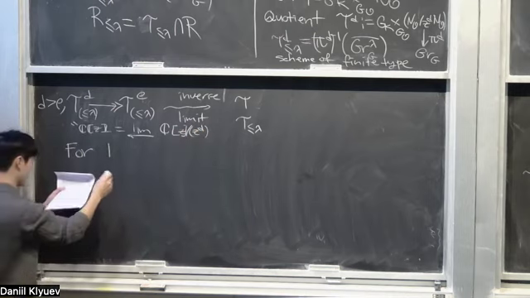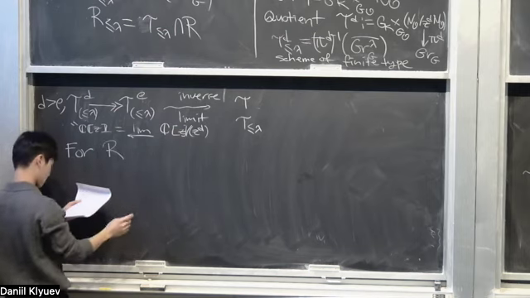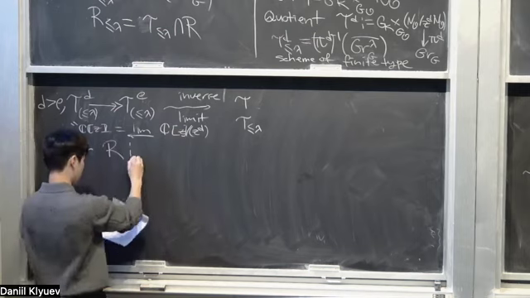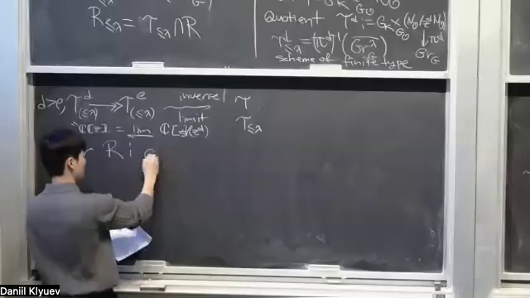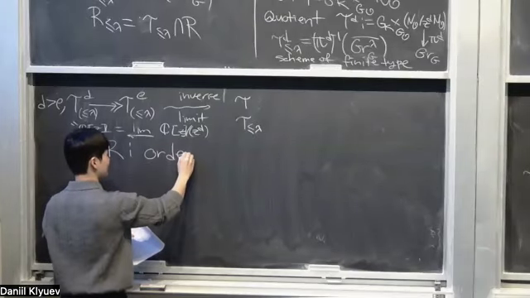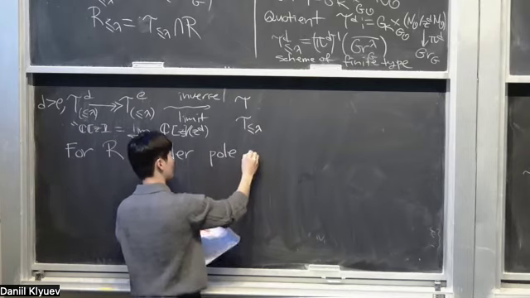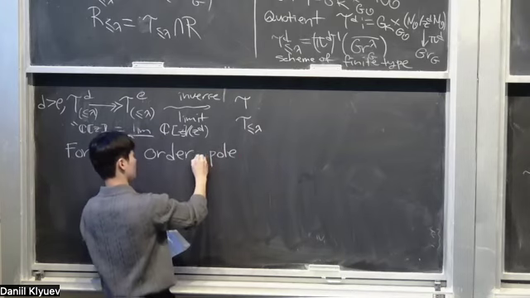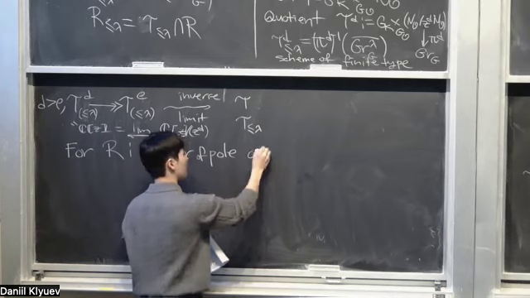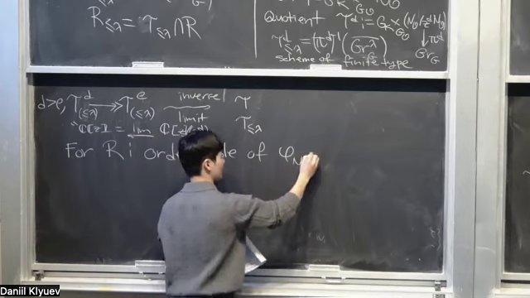Anyways, for R, we're slightly more rigid here, so we have to be really careful. Order of pole of En.